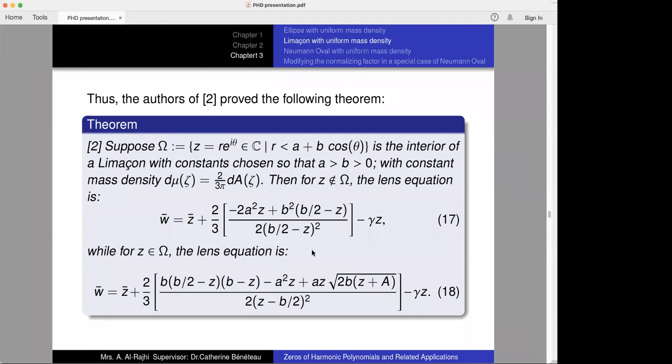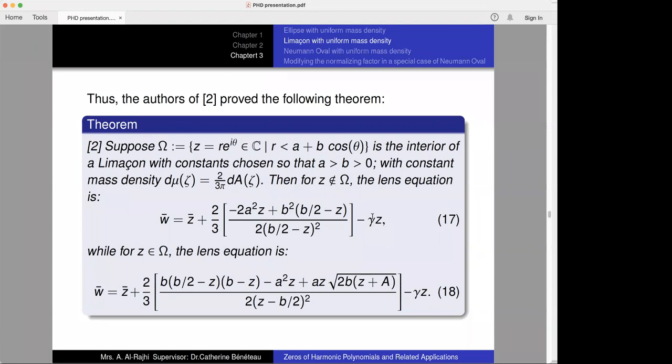As you see in equation 17, if we consider the shear term present, by the Khavinson and Neumann theorem we will have a rational function of degree 3, which means we will have at most 10 solutions, while by the Bénéteau theorem, we will have 9 solutions.